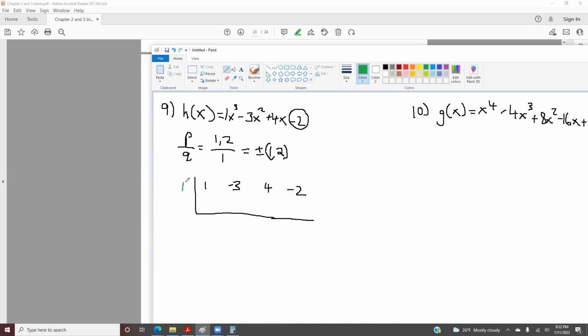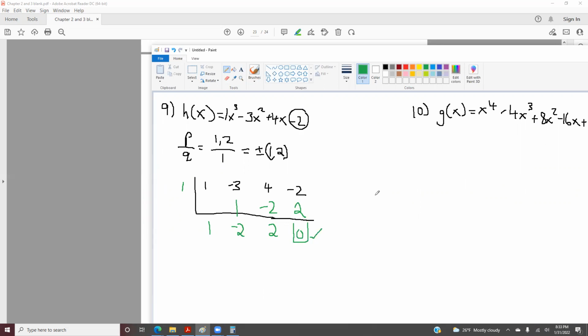Again, that's where I will try 1 first. So drop the 1. 1 times 1 is 1. You get -2. 1 times -2 is -2. Oh, this actually works. 4 minus 2 is 2. So 1 times 2 is 2. This is 0. Oh, this is actually perfect. Good job. Sorry about that, I didn't read through, Hunter.